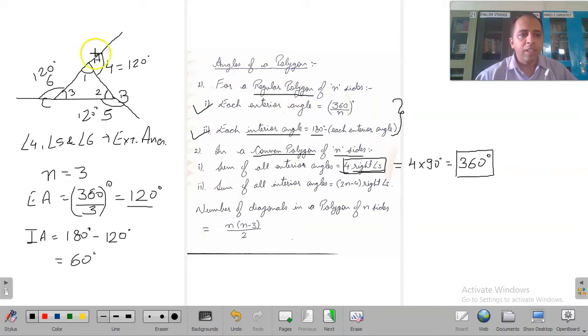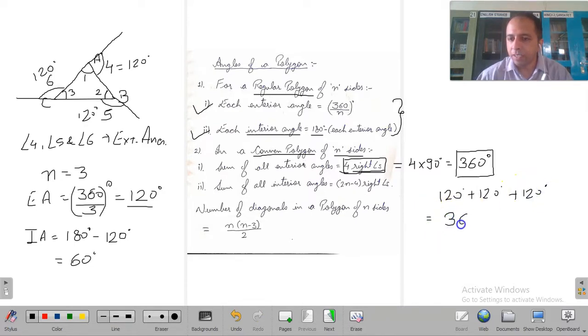You can see in this example, the exterior angles are angle 4, 5 and 6. If we add the values of all these angles, it will be 120 plus 120 plus 120. How much is it?